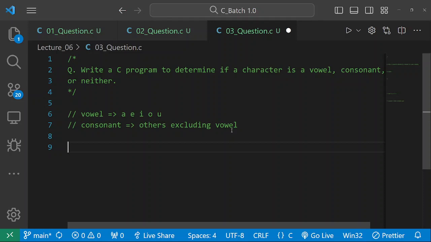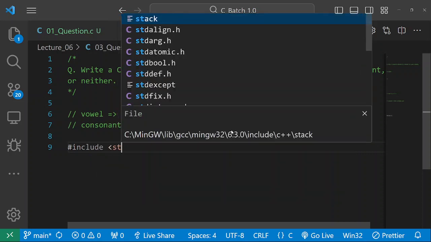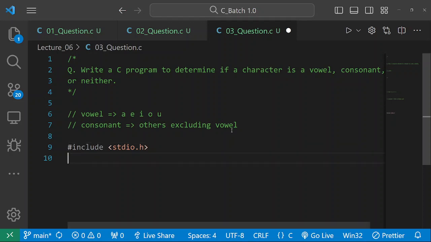And here again the concept of ASCII is going to be used. Okay, let's see. So let me begin with my code now. First thing, include stdio.h. You can also do it side by side if you have any other logic, apply it.